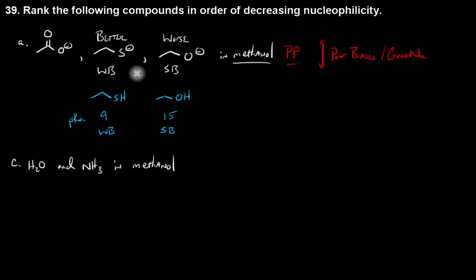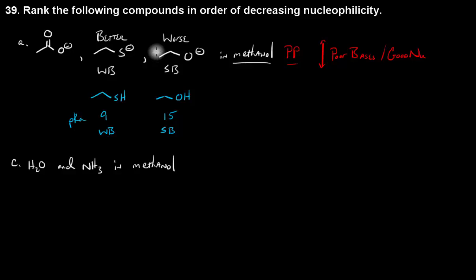So now the only thing we have to figure out is where this conjugate base of acetic acid, this carboxylate, is going to stand in terms of its nucleophilicity. What we need to compare it to is as close of an apples-to-apples comparison as possible. What we have here is an oxygen that's negatively charged, and we do have another oxygen with a negative charge.